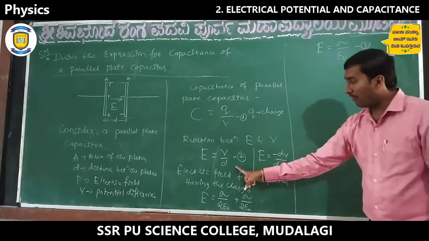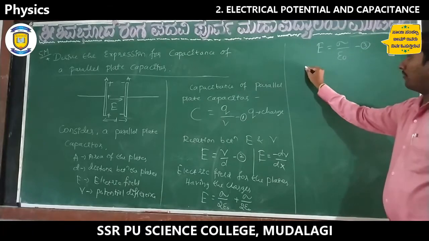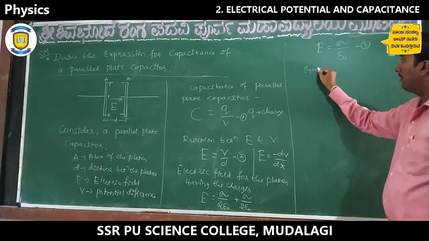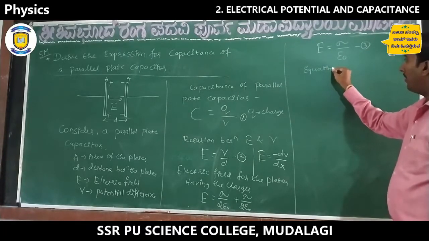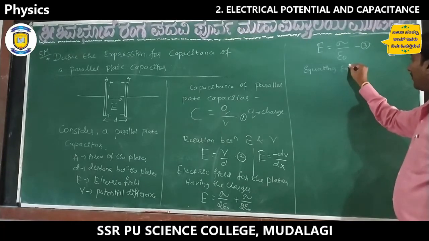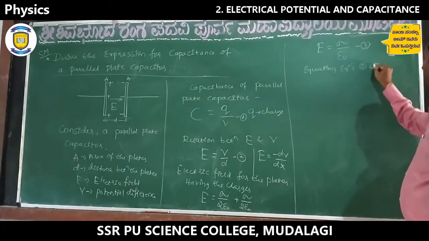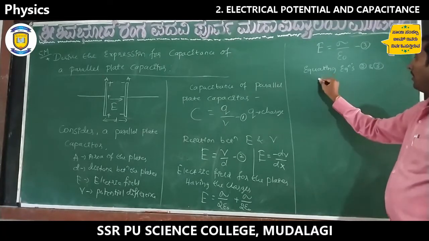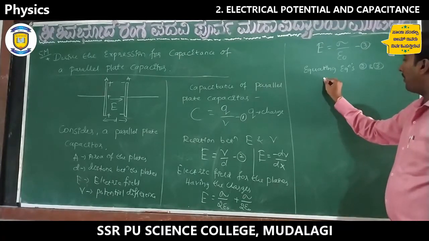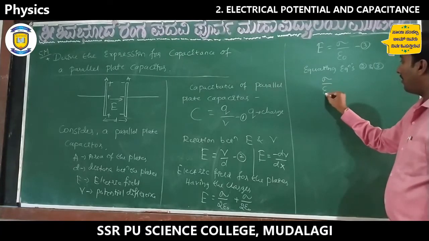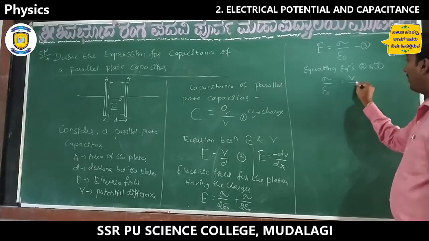We will equate equations 2 and 3, because the left-hand side is E only. Sigma by epsilon naught equals V by d.